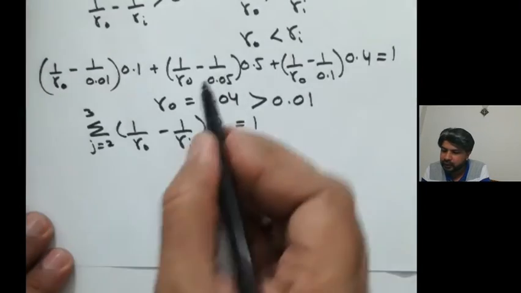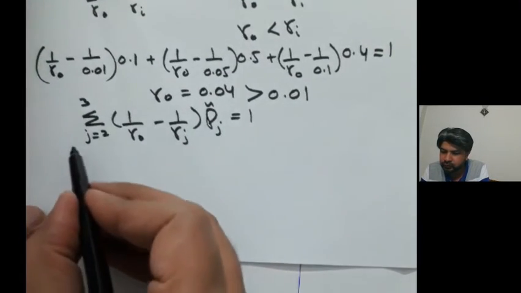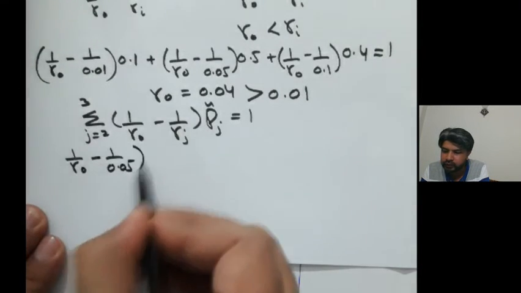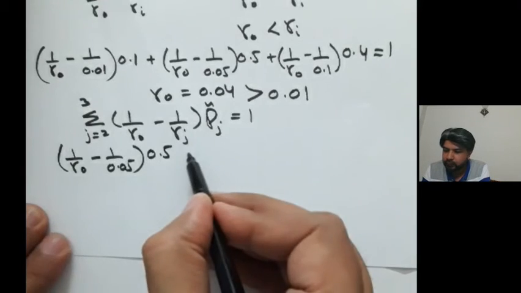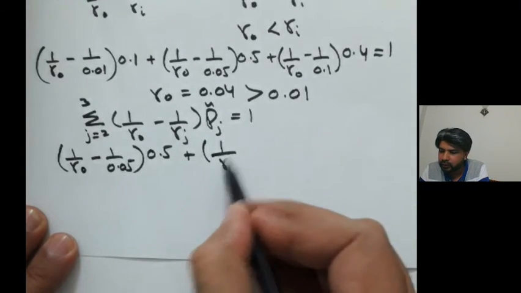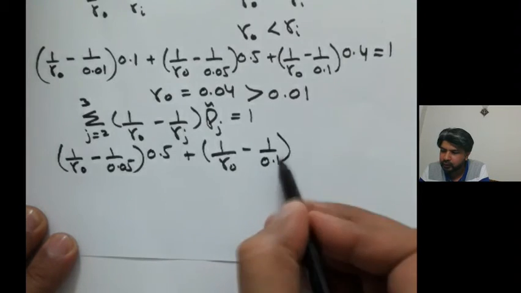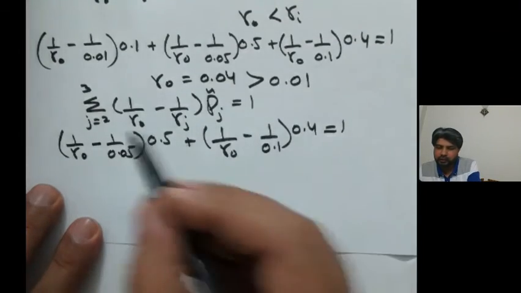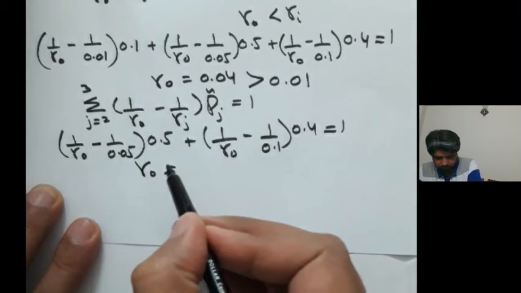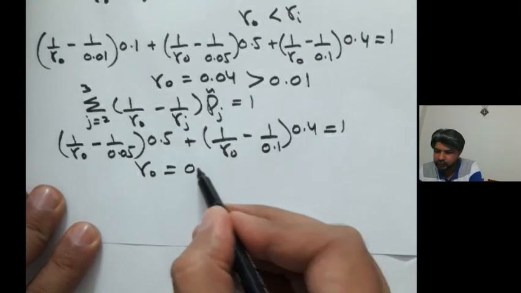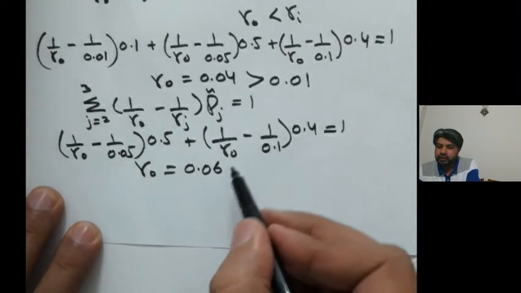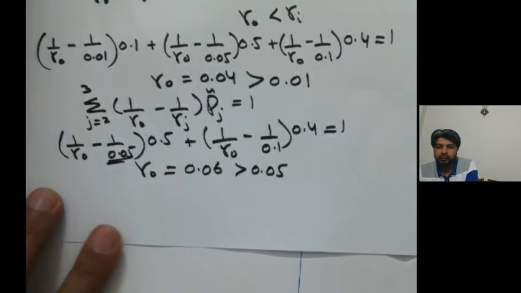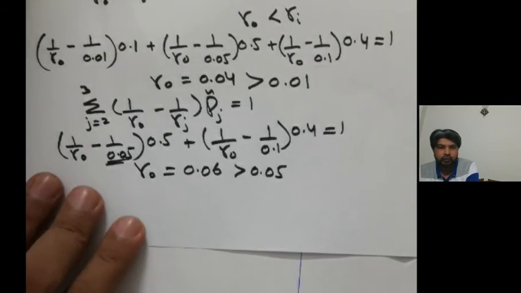And if you now plug in the last two values of the states, that means 1 over gamma naught minus 1 over 0.05 times 0.5 plus 1 over gamma naught minus 1 over 0.1 times 0.4 equals 1. If you plug in these values and compute gamma naught, it turns out to be 0.06. So it is still greater than 0.05, which is the first state you used in this. That means this again would not give you the optimal performance.